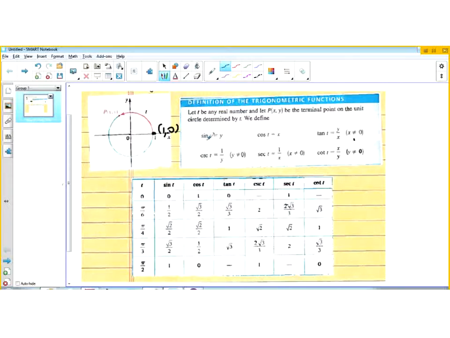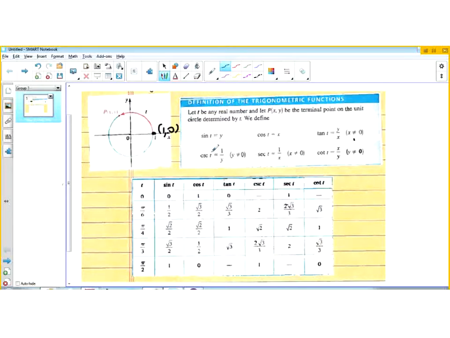And so the sine of t equals 0 is the ordinate of the terminal point, which is 0. Okay? And the cosine of t equals 0 is the abscissa of the terminal point, which is 1. And so we take the ratio of sine t over cosine t to get the tangent of t equals 0, and so 0 over 1 is 0.